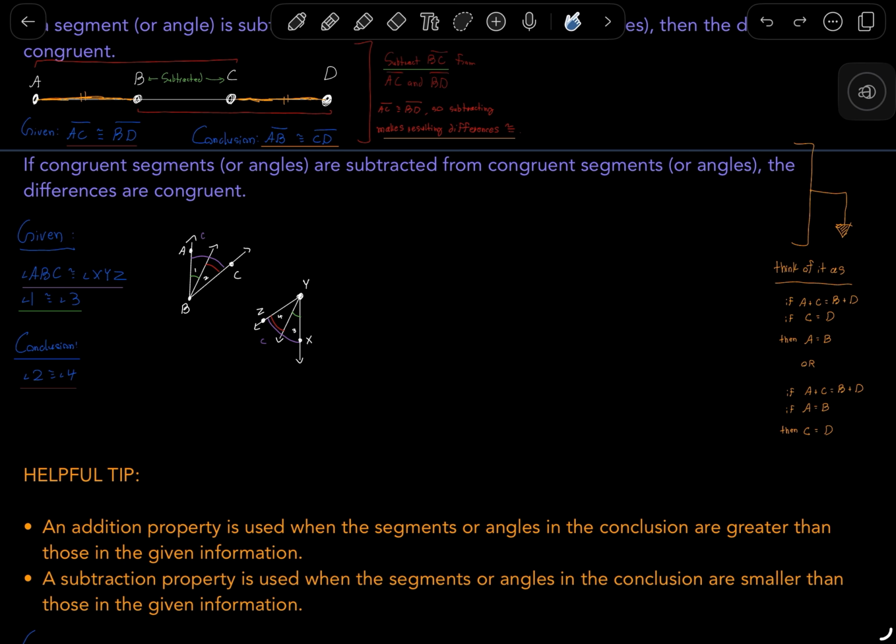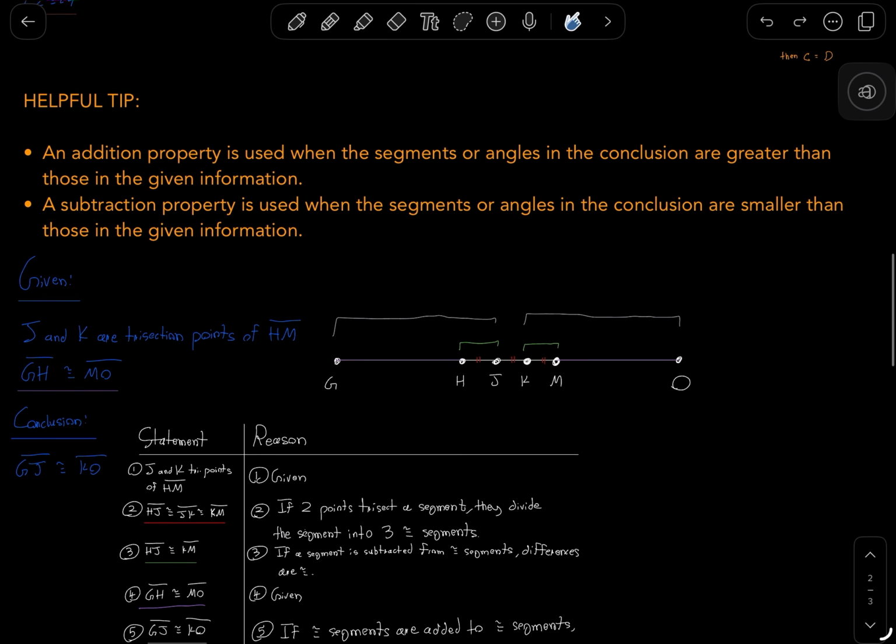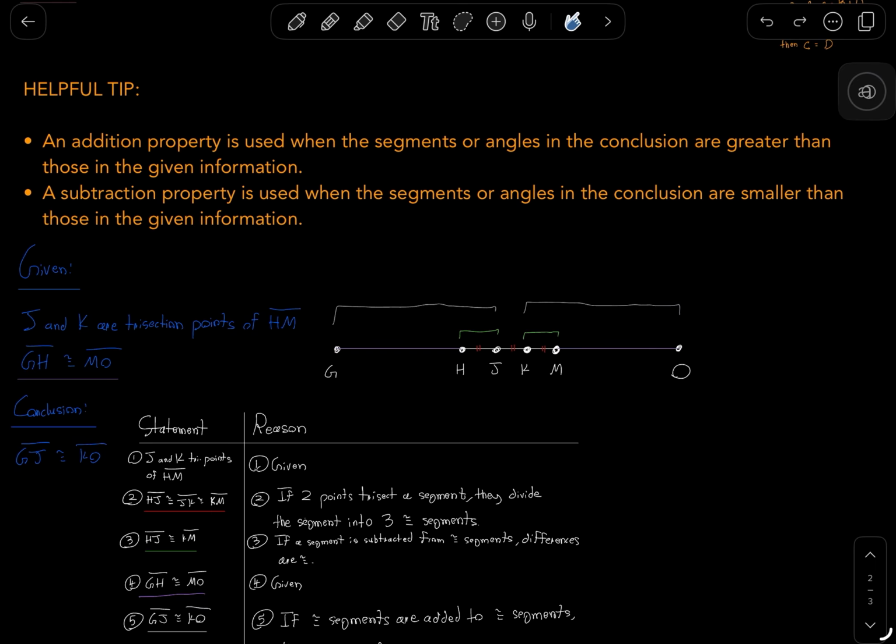Okay, now a helpful tip, just to expect where you would find these in proof questions. How do you know when to use these theorems? An addition property is used when the segments or angles in the conclusion are greater than those in the given information.